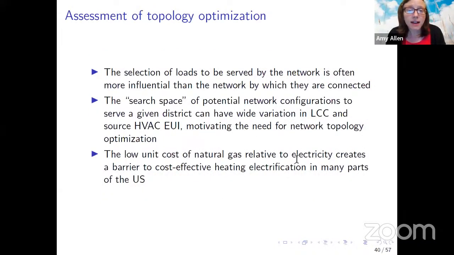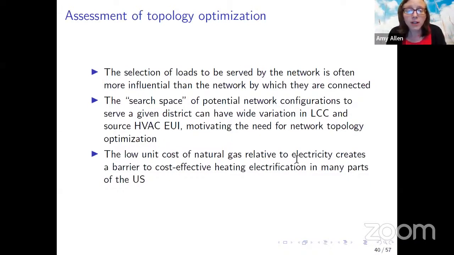In this assessment of the value of topology optimization, I found that the selection of loads to be served by the network is often more influential than the network by which they are connected. As shown in the box plots, the search space of potential network configurations can have wide variation in lifecycle cost and source EUI for HVAC, motivating the need for network topology optimization.